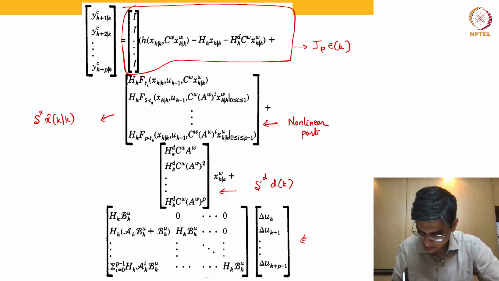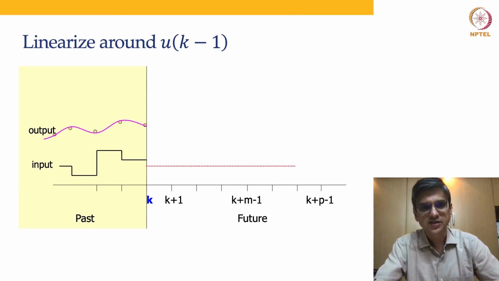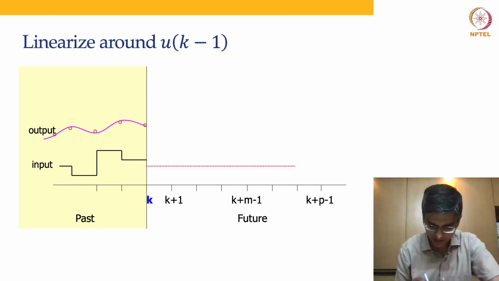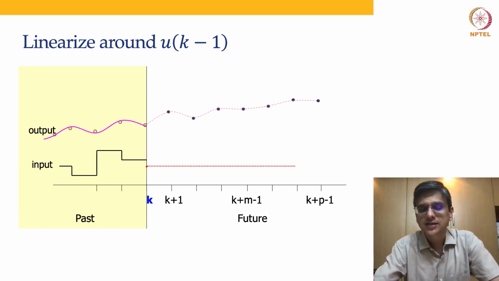And this is S_u multiplied by delta u. Okay, so these are the various terms. Okay, so the idea is that this is u_{k-1}, and we linearize the system around u_{k-1}, and this is the prediction on the linearized trajectory.